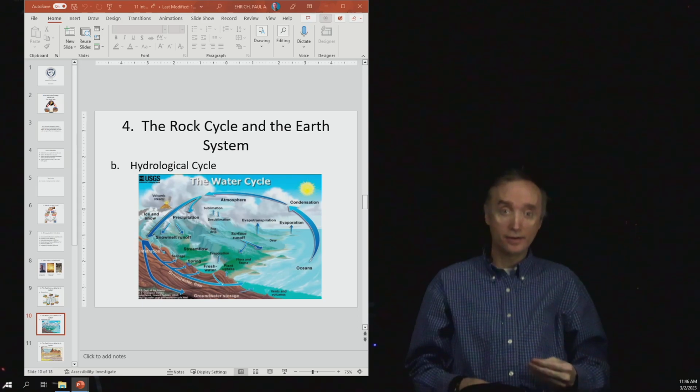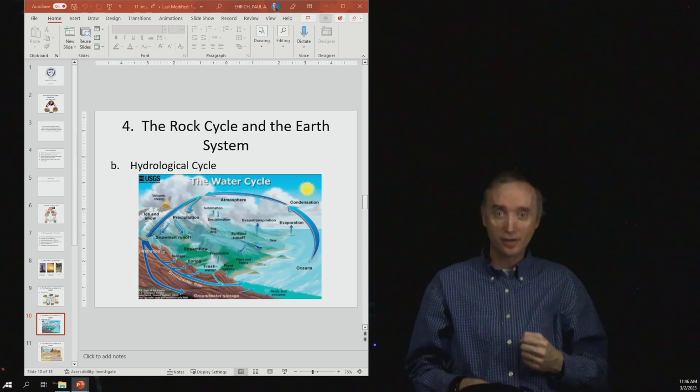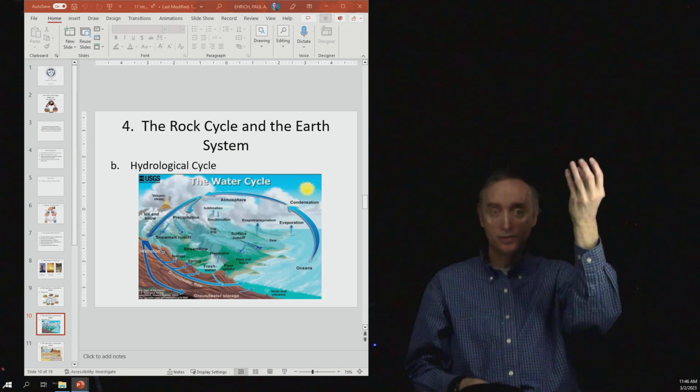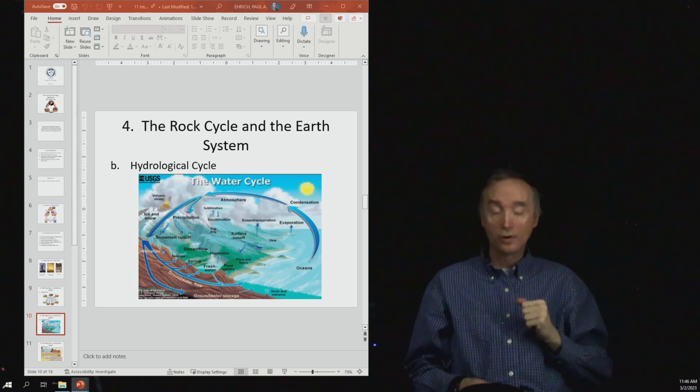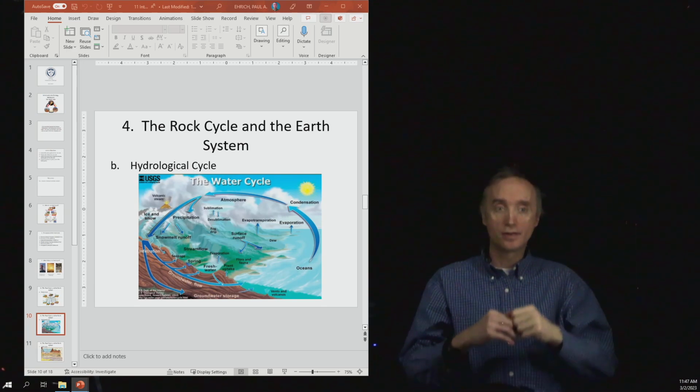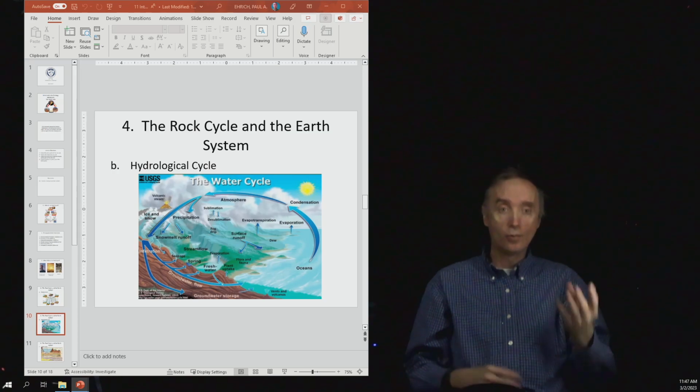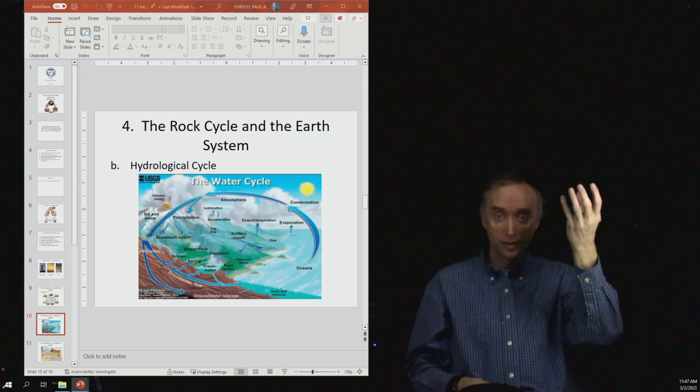You also have evaporation. The oceans, when they get heated up, could evaporate water, which would go up into the clouds, or water could evaporate off the ground, or water could be taken in by plants, and then those plants could transpire, which means they give off water, and that water could go into the clouds.